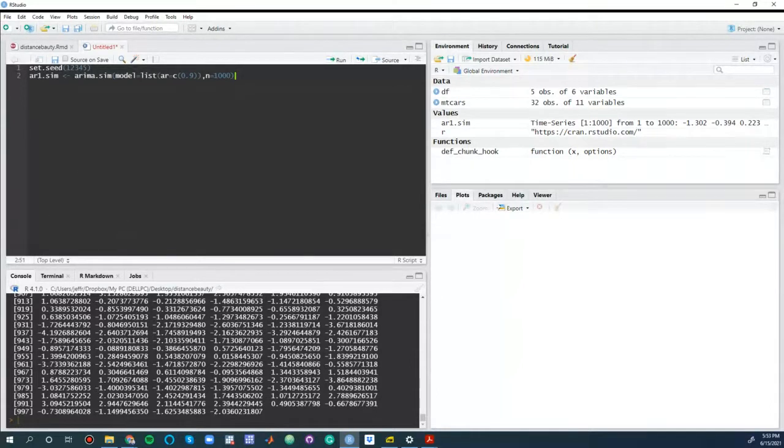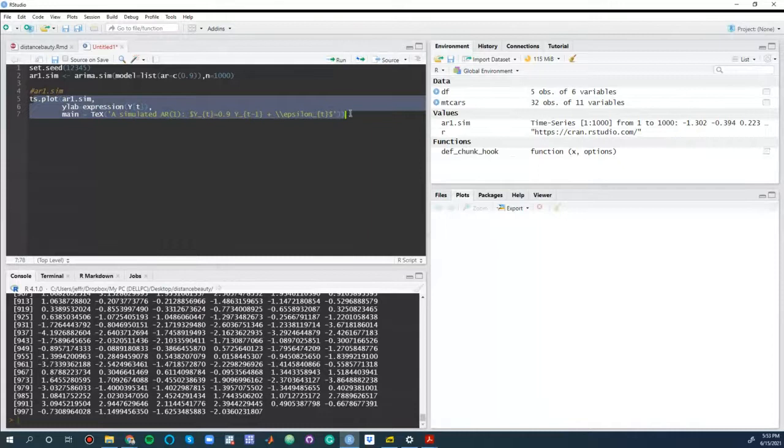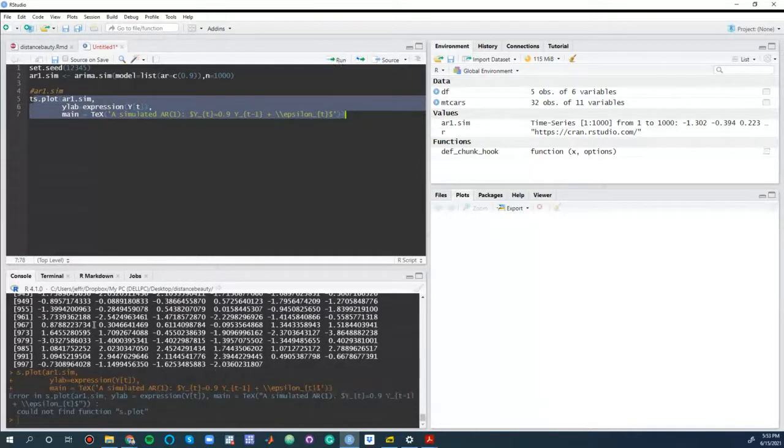Okay, and then you could just plot, right? So how do you plot the AR1 in R? Basically you need to use ts.plot, right? So just run this code. And this is what I will get. ar1.sim, ts.plot.